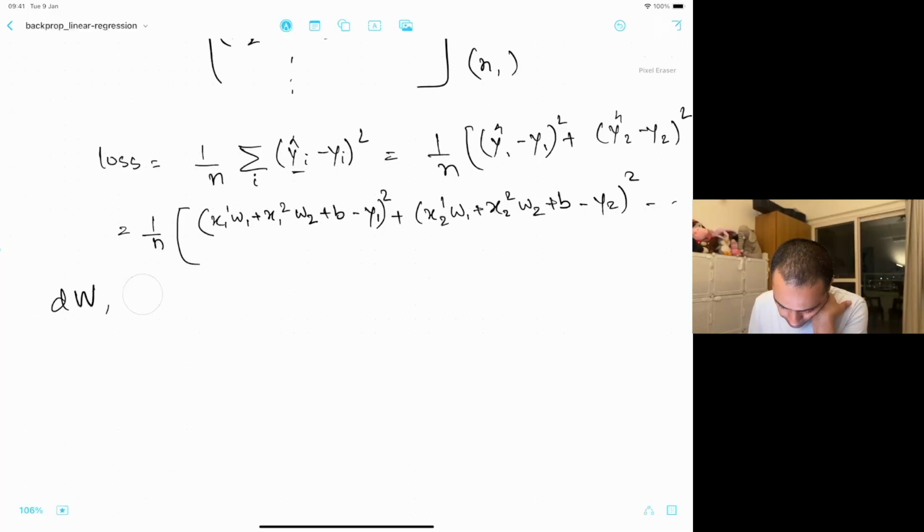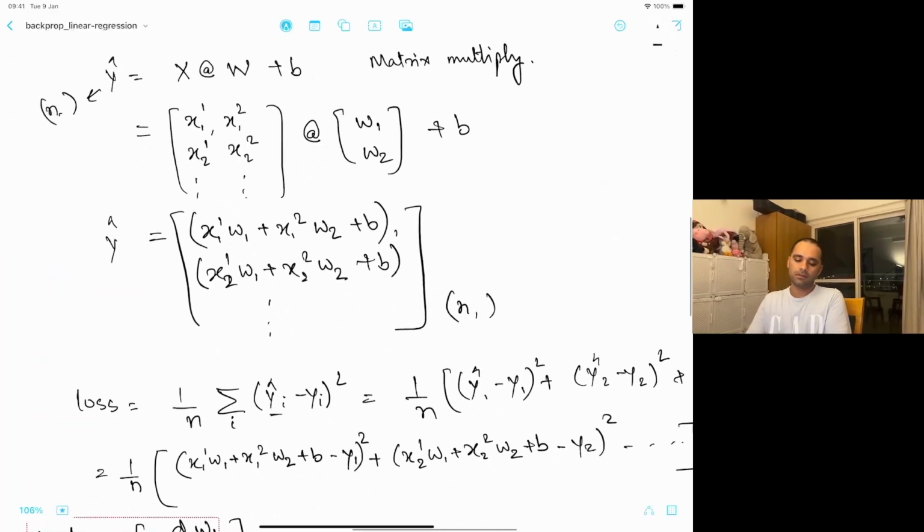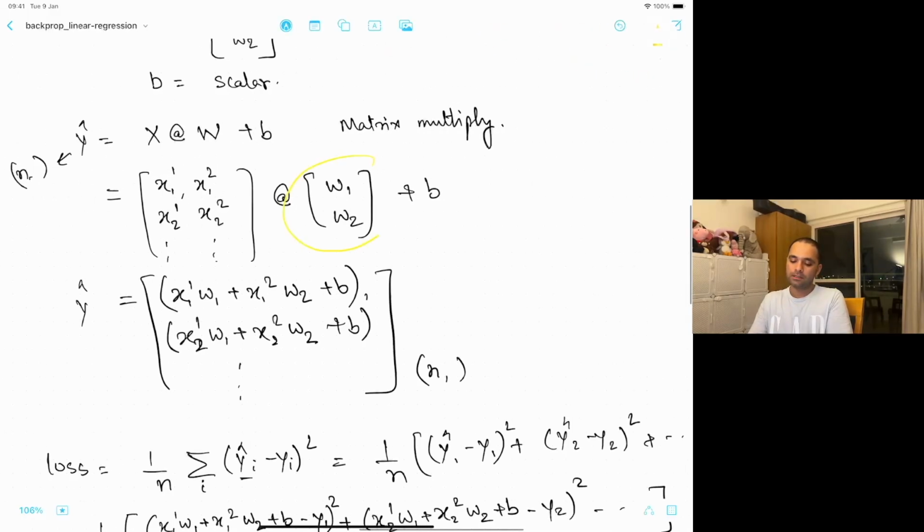So first let's go ahead with dW. dW will be nothing but a vector dw1, dw2, because W is a vector of length 2.